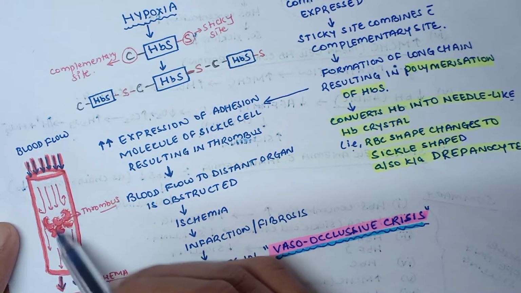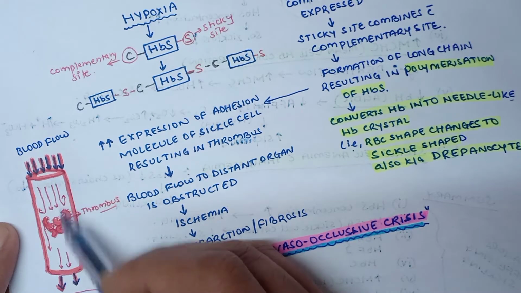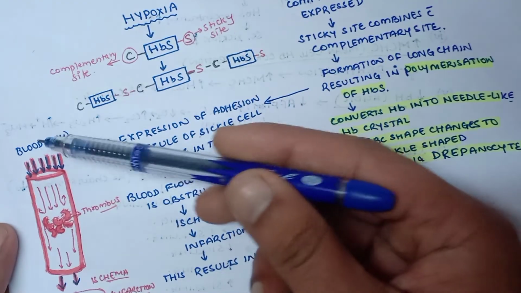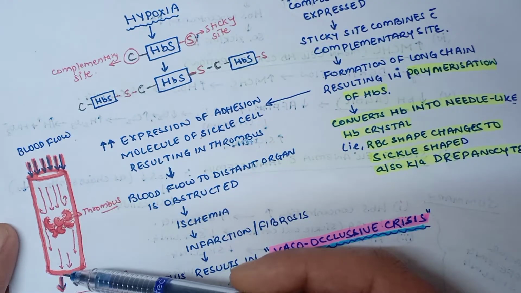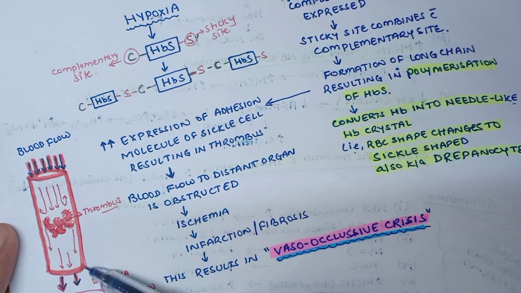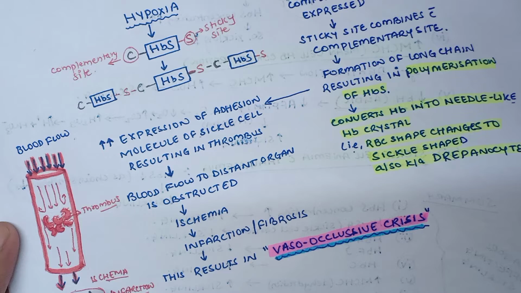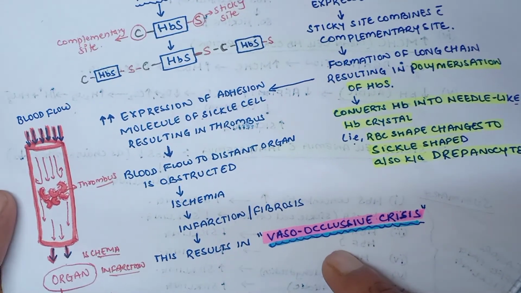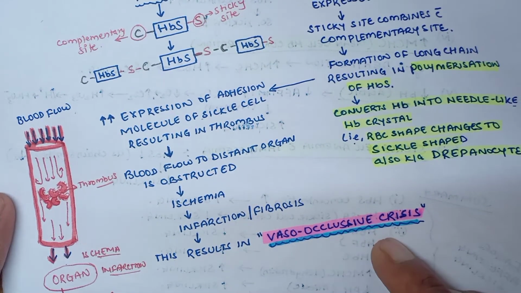This thrombus will obstruct the blood flow to distant organs, which will result in ischemia. This will further result in infarction and fibrosis, and this process is vaso-occlusive crisis.